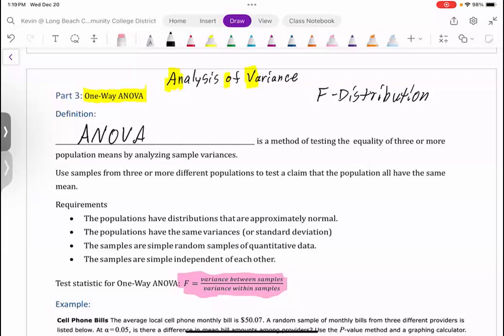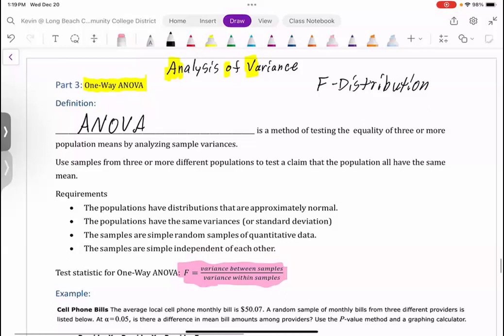ANOVA is a method of testing the equality of 3 or more population means by analyzing their sample variances. All right. So our null hypothesis is always going to be, we're going to assume that mu sub 1 is equal to mu sub 2 is equal to mu sub 3 is equal to however many samples we're looking at here that we're trying to compare.